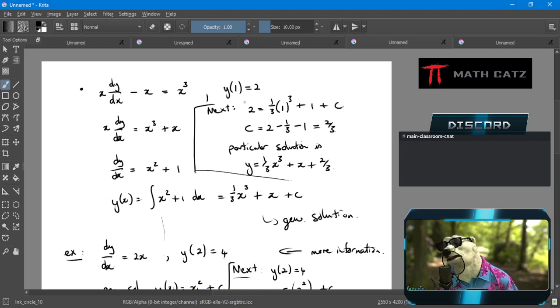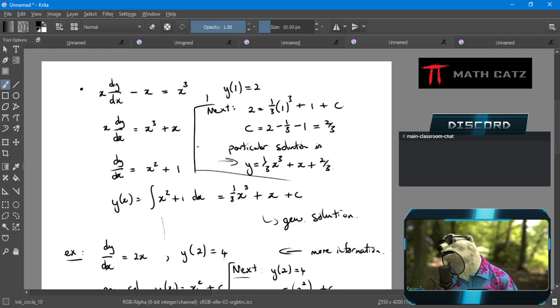If they give me some extra information, then we call the differential equation paired with that extra information an initial value problem, which means I can go a little further past my general solution to find in particular which function among that family is the solution to the differential equation and satisfies the initial value, meaning the extra information, and then we have our particular solution.